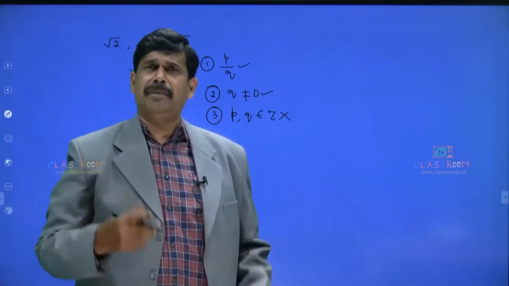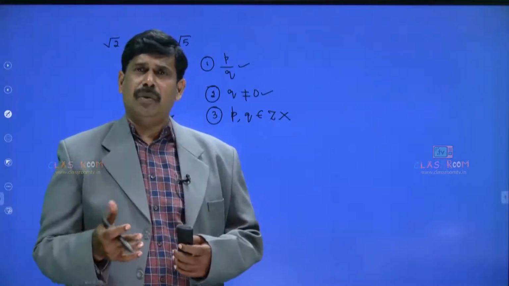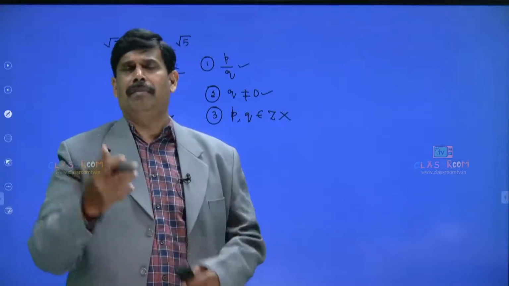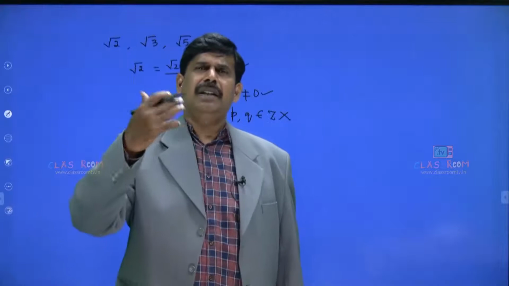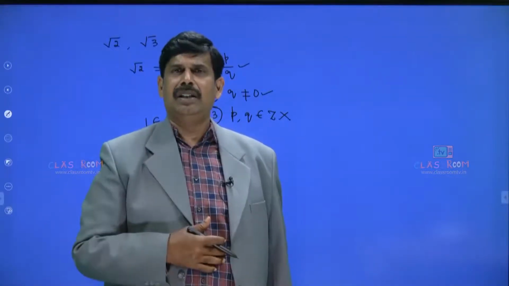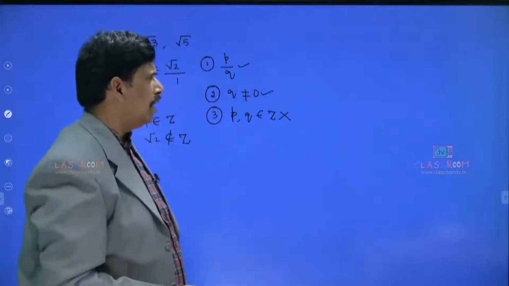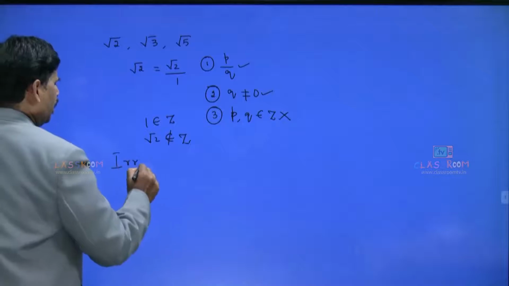That case has failed. That means other than rational numbers, we also have some other set of numbers. Other than rational numbers, we have other numbers. So, the numbers which are not rational are called irrational numbers. What numbers are we going to introduce now? Irrational numbers.